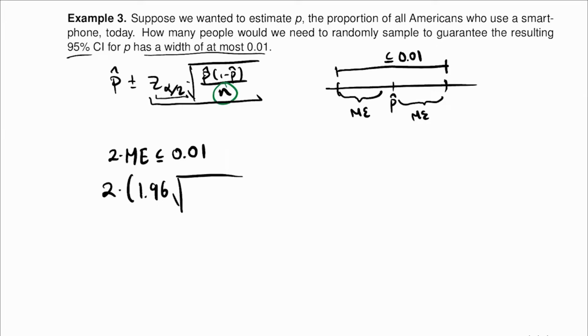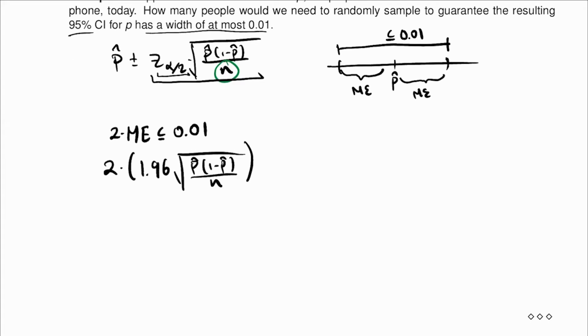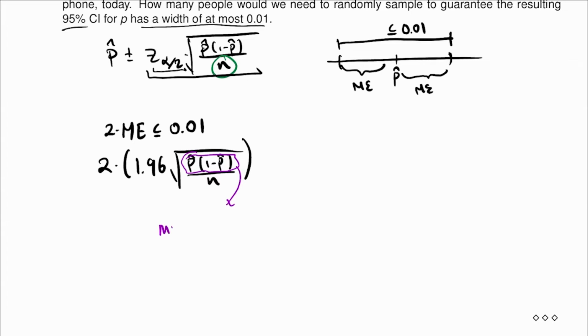And we have P hat times 1 minus P hat over n. Having in mind that P hat is between 0 and 1, the maximum of P hat times 1 minus P hat is 1 over 4.